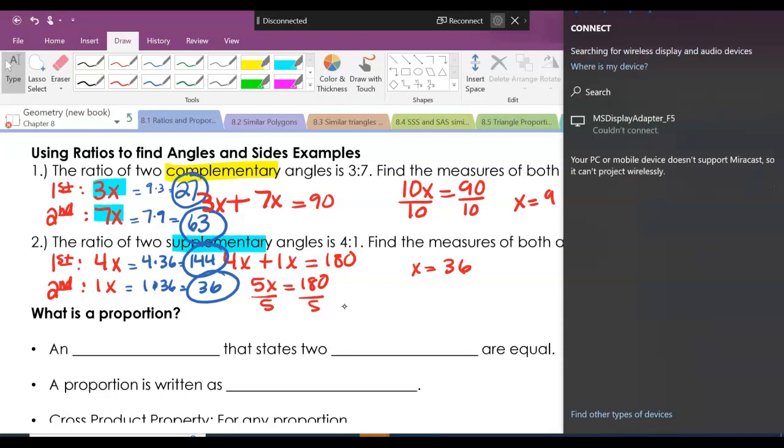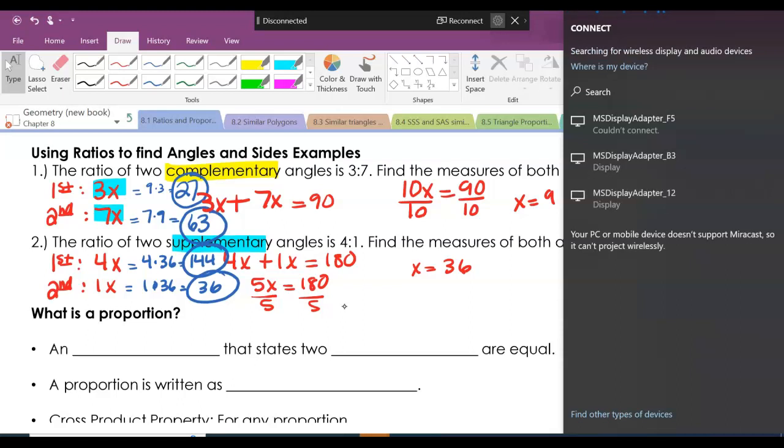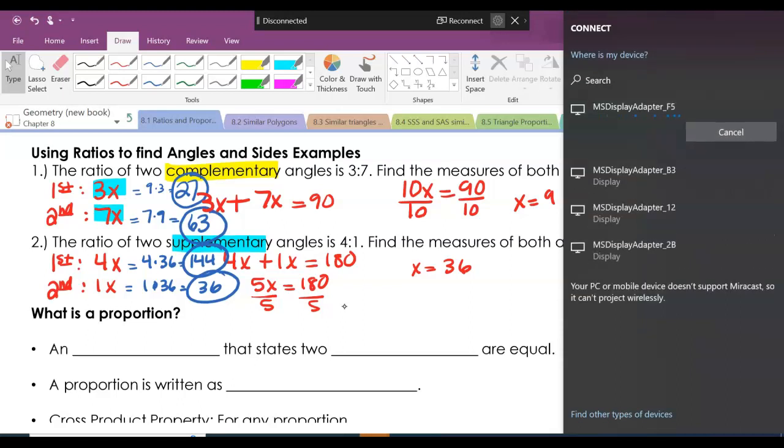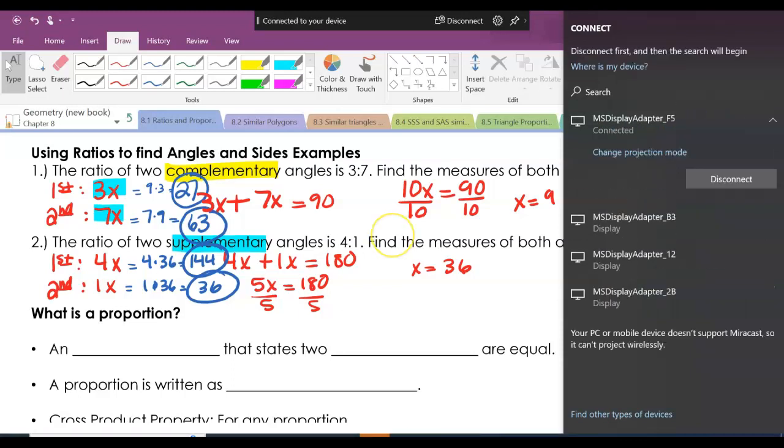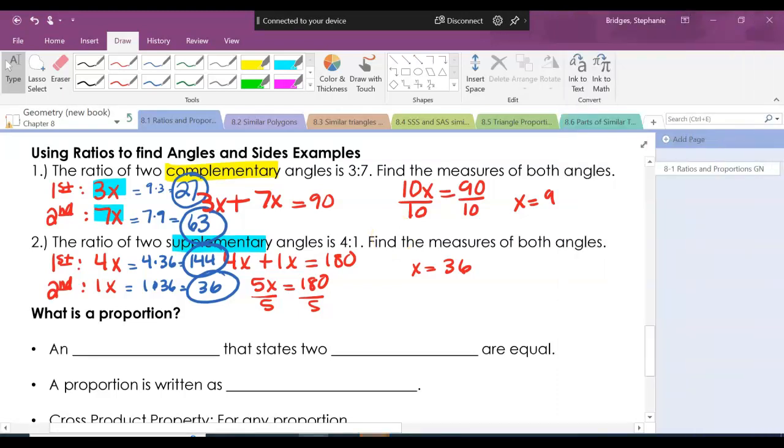So for the proportions, the first blank, it says an equation. Fill in that first blank with equation that states 2 ratios are equal.